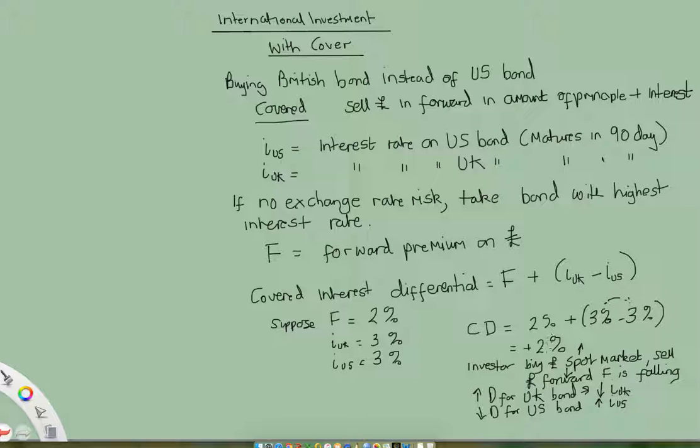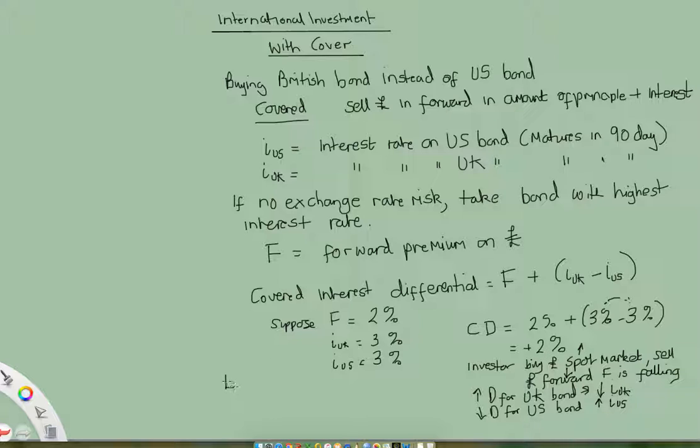So there are two adjustments taking place. With covered transactions, where there is no risk, there should be no differential. It shouldn't be favorable to be in pound denominated assets compared to dollar denominated assets, or vice versa. So market forces in both the exchange rate markets and also in the bond markets in the two countries will actually bid away this preference for the pounds.